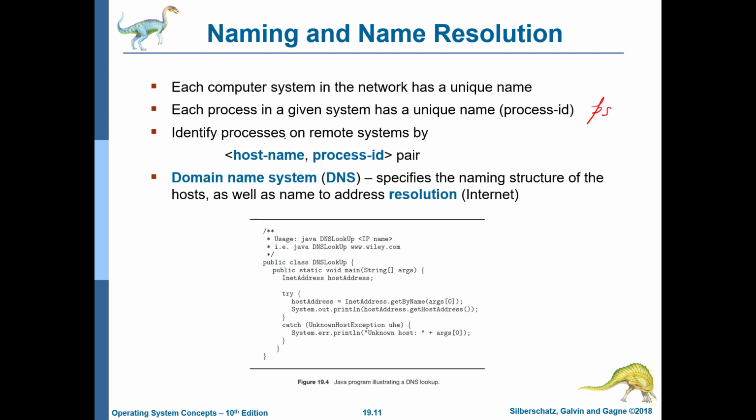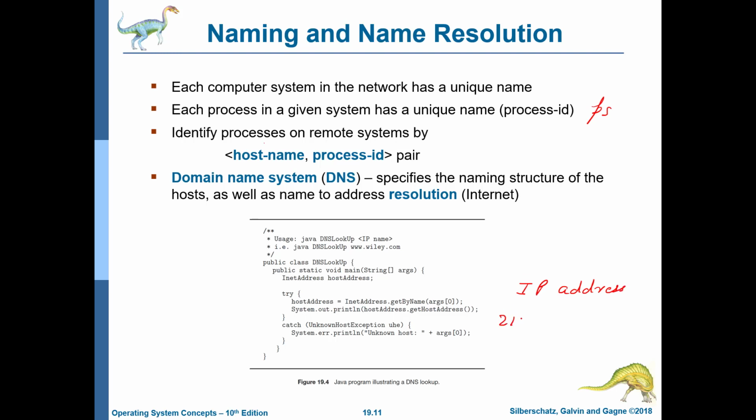So typically in the internet, we need many kinds of standards because we have all kinds of hosts and all kinds of processes and so on. So we have the domain name system. It specifies the naming structure of the hosts, as well as it does a name to address resolution. In the internet, every machine has what is called an IP address, which is unique. And the IP address has many fields.